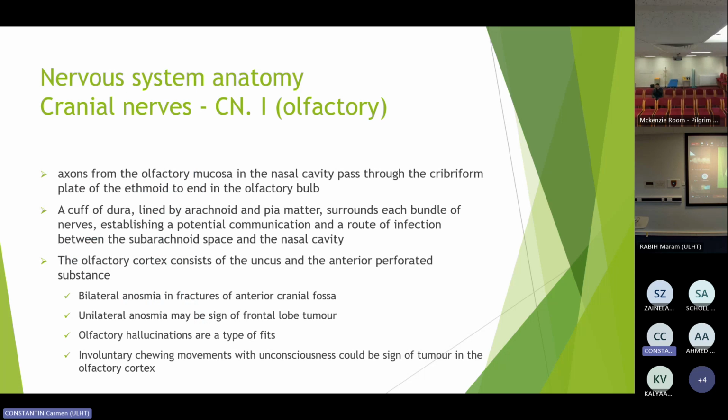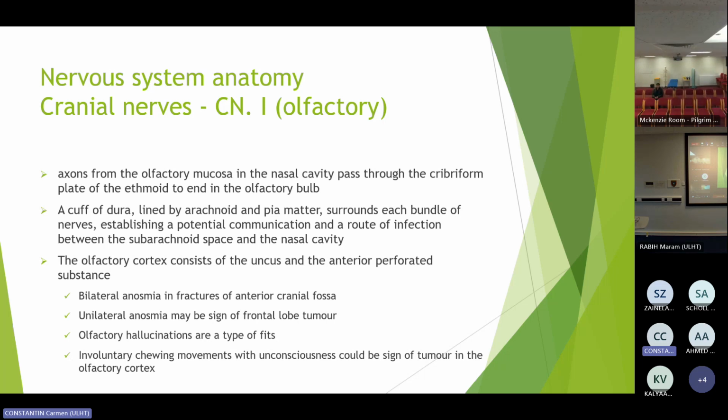Next one, so I'll try to be as brief as possible, but we have to go through the cranial nerves. There is no other way. It's just as a reminder, and I'm going to discuss possible pathological situations which could interfere with a cranial nerve if it's involved.